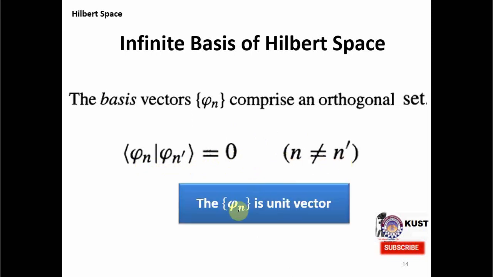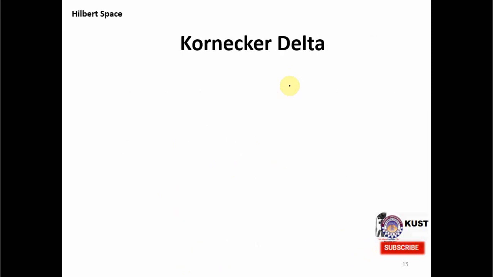So the phi n are actually unit vectors. So you can see that we can span a Hilbert space in terms of an orthogonal basis. And then their norm can be checked. You can see that the norm is equal to 1. If we multiply the same unit vector with a unit vector, then its norm is equal to 1. So we see these are the bases or unit vectors in which this whole Hilbert space is expanded.